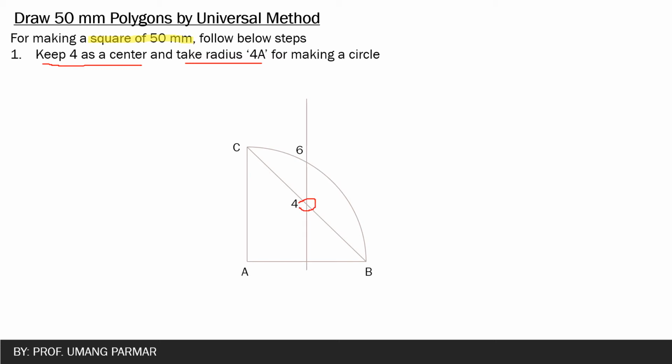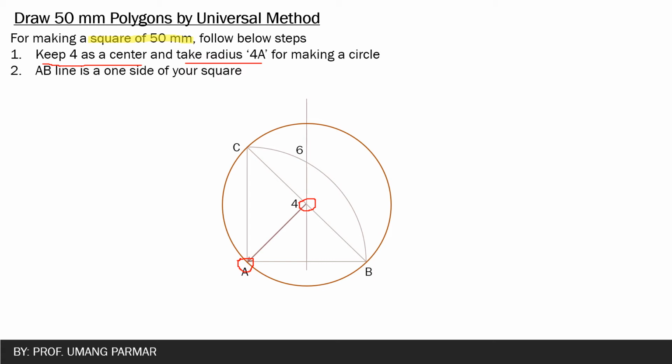So this is point number 4, and 4 to A is going to be your radius, and I will draw one circle. Now you understand why I have made the number 4 here: because a square has 4 sides, that's the reason we identified this point as point number 4. Easy to remember: if you want a square, which has 4 sides, then 4 will be the center, 4 to A will be the radius, and we will have this circle.